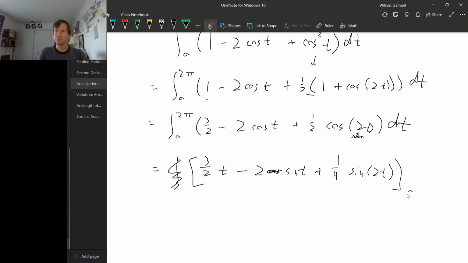Okay, and this is going from 0 to 2 pi. Now when I plug in 2 pi and 0, the only term that survives is this 3/2 t when I'm plugging in 2 pi. So 3/2 times 2 pi, so that's 3 pi. So the area under that one hump of the cycloid is 3 pi units of area.